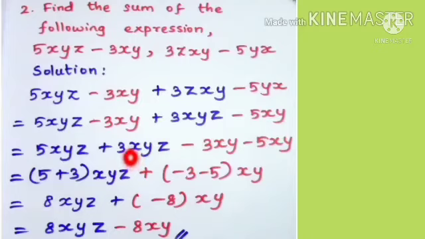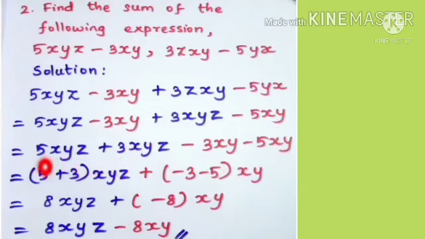Now in the next step, we have to arrange the like terms separately in an algebraic expression. Here 5xyz and 3xyz are the like terms in xyz, and minus 3xy and minus 5xy are the like terms in xy.